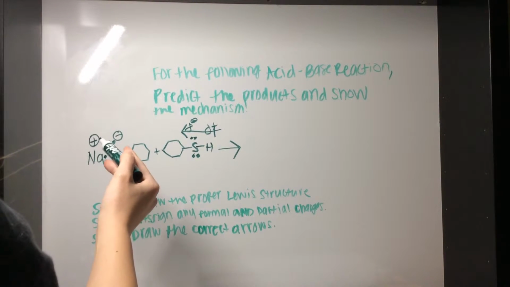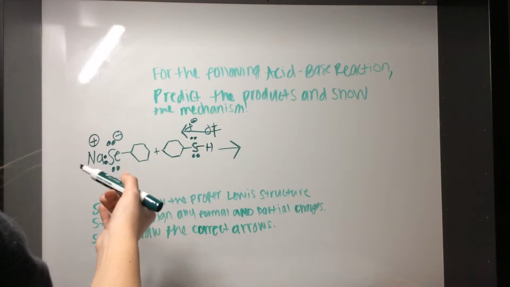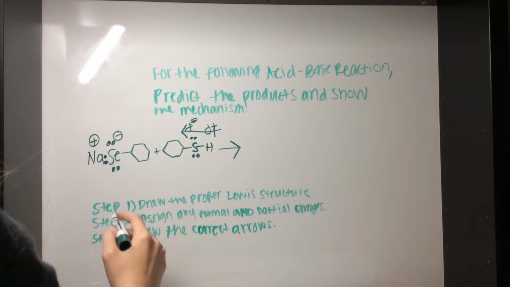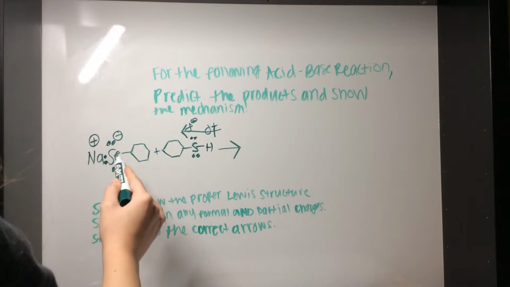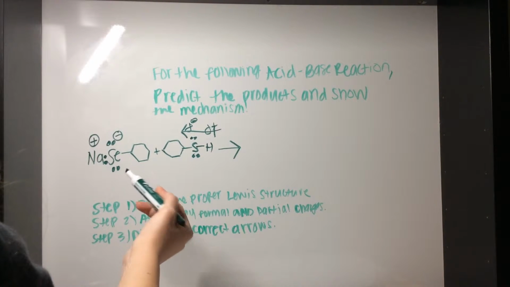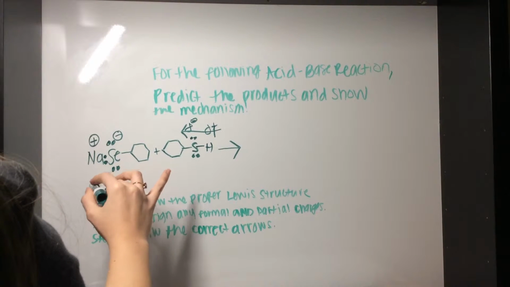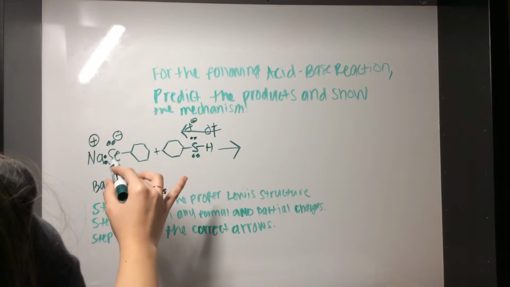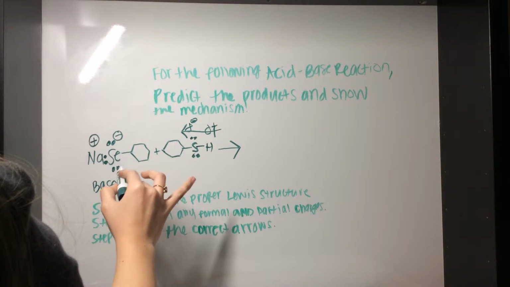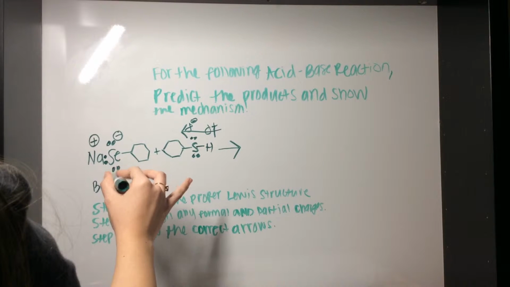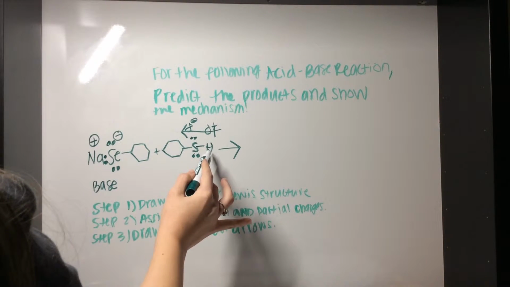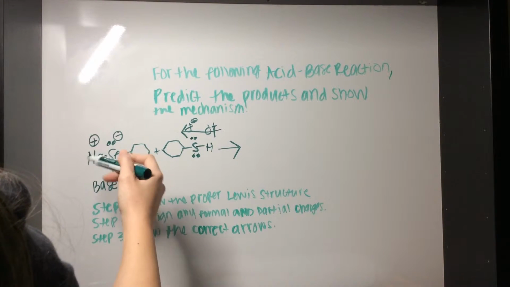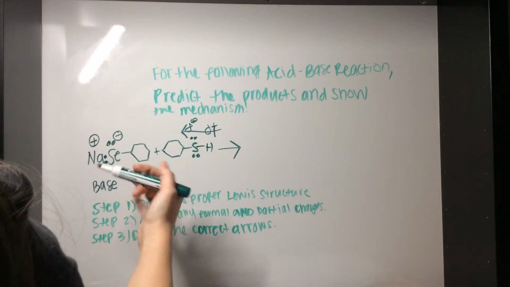So now that we know which is our more electronegative atom, we can figure out which is our base. A strong base will have a full negative charge, and that is going to mean that this is going to be our base, because these electrons with the full negative charge, to get stable, want to deprotonate, or take this proton away from the sulfur so that it can have a neutral charge.